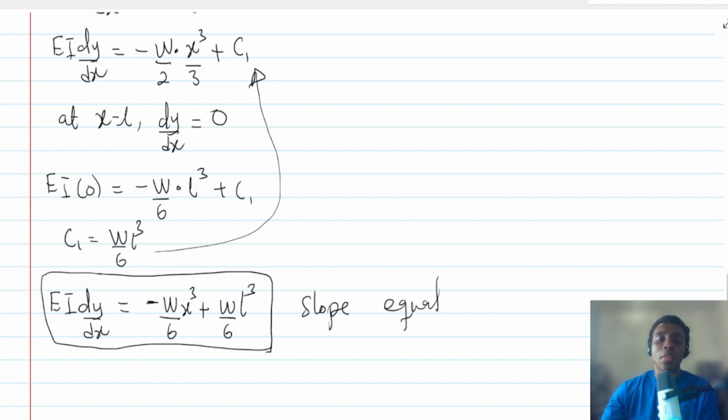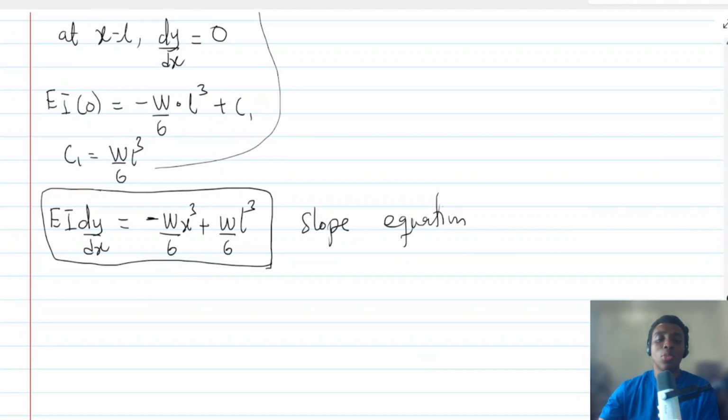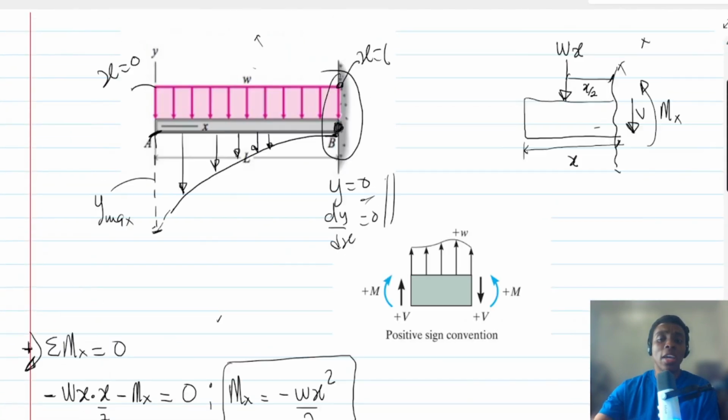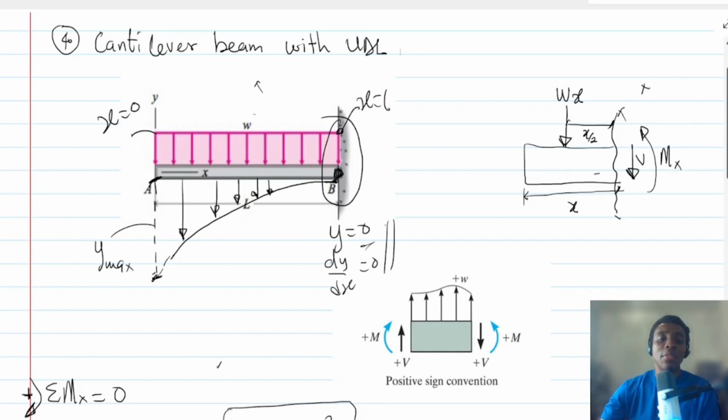Let's try to find the maximum slope. The maximum slope will occur at the free end, because you see that the slope is coming here, and as it moves up it becomes steeper. So for a cantilever beam, at the free end, the maximum slope and the maximum deflection will occur.